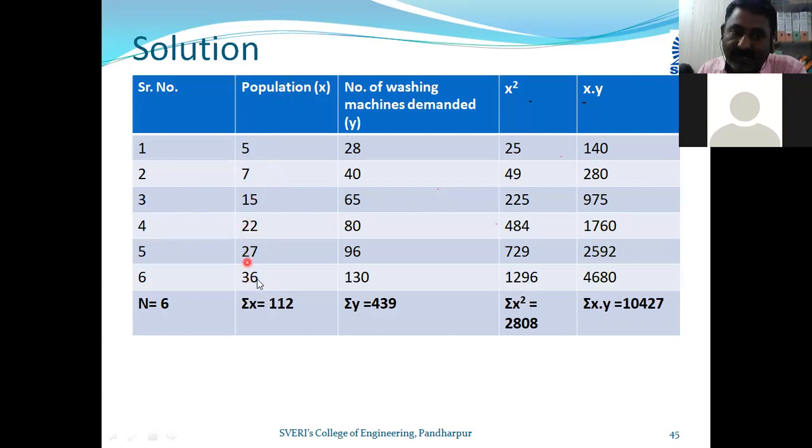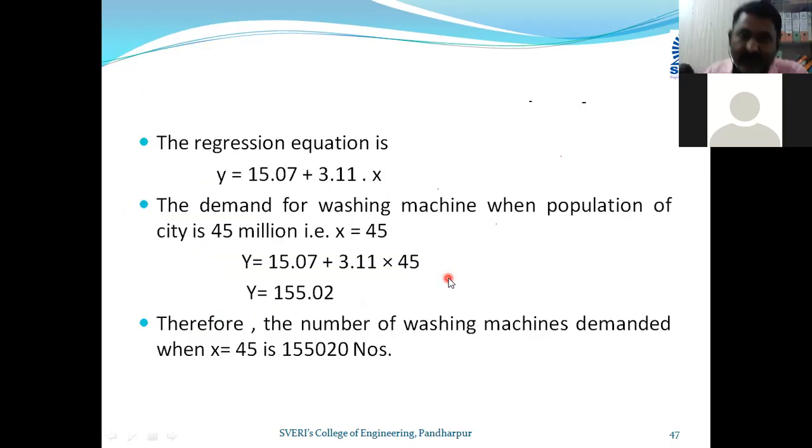When this x value is 45 million, we have to calculate the y value. Now we have the equation, with x equal to 45. We have to calculate the demand for washing machines when the population of that particular city is 45 million.